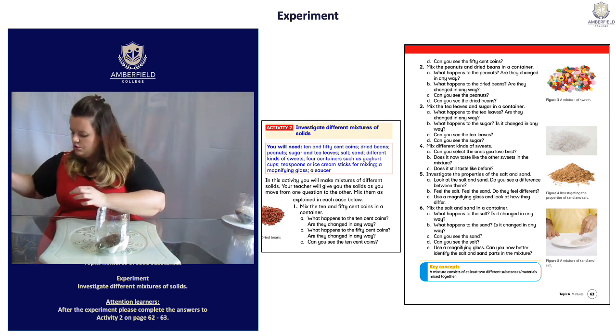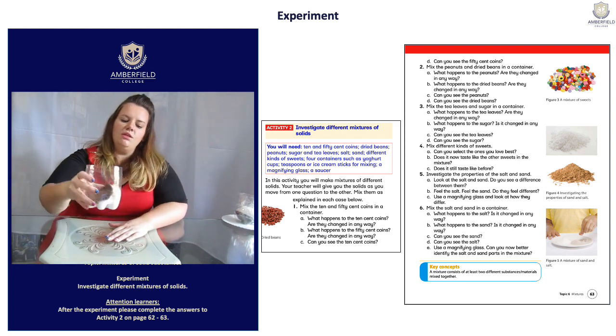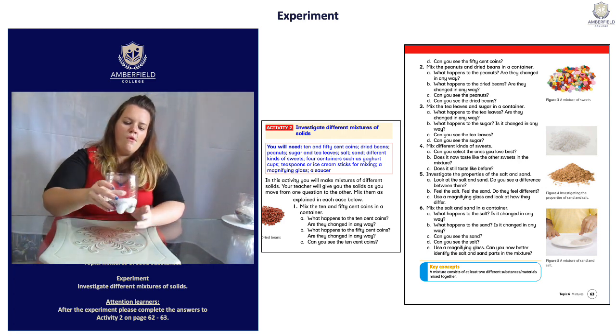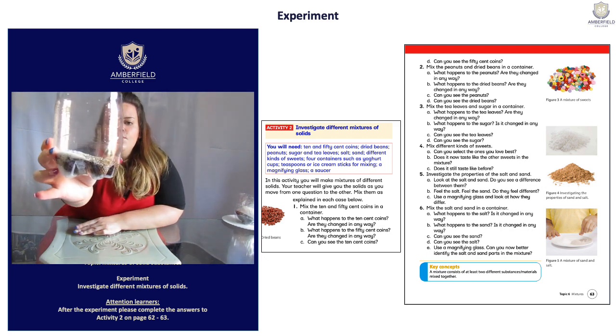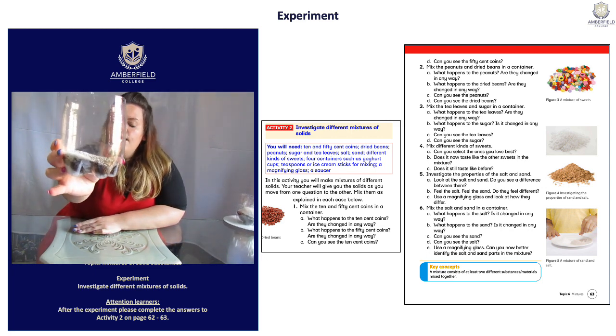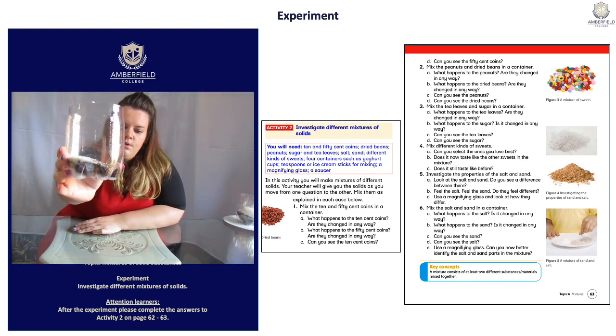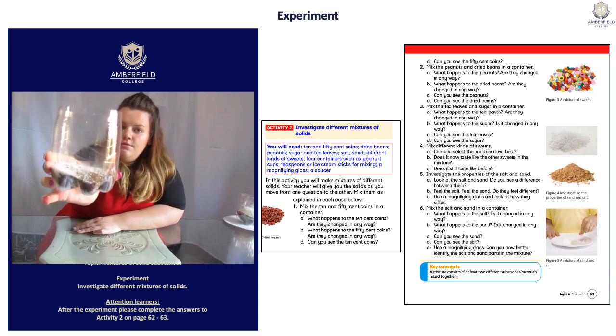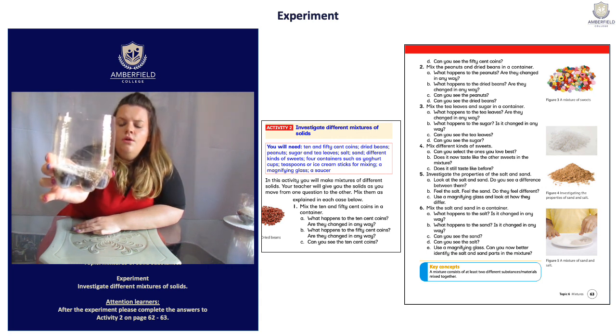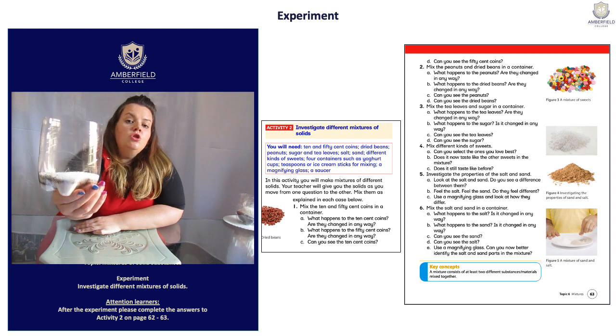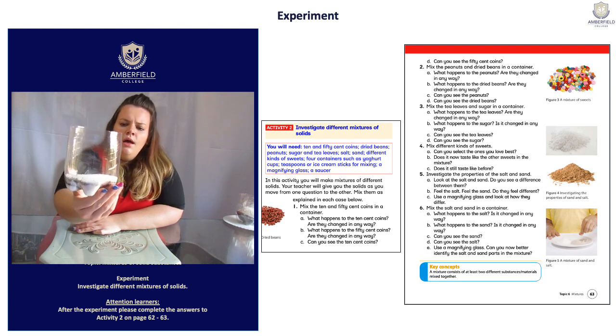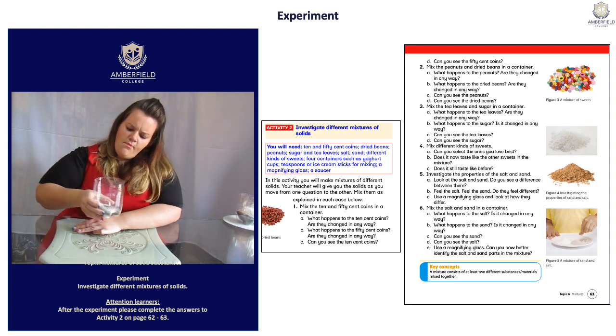Now I'm going to mix it together. Can you see the difference between the sugar and the tea leaves? Can you see the tea leaves in the mixture? And can you see the sugar in the mixture? Let's mix it up some more.